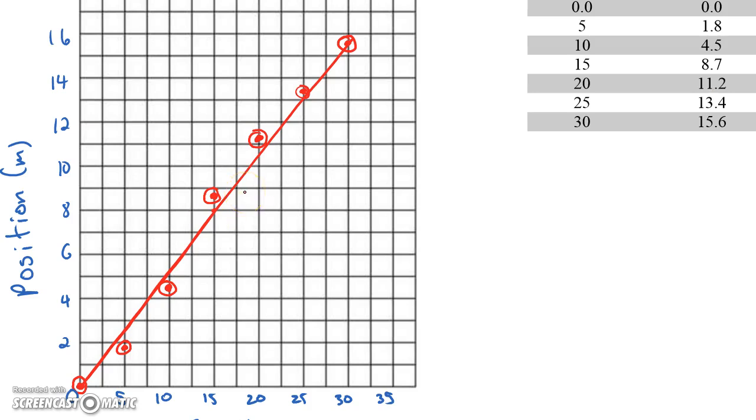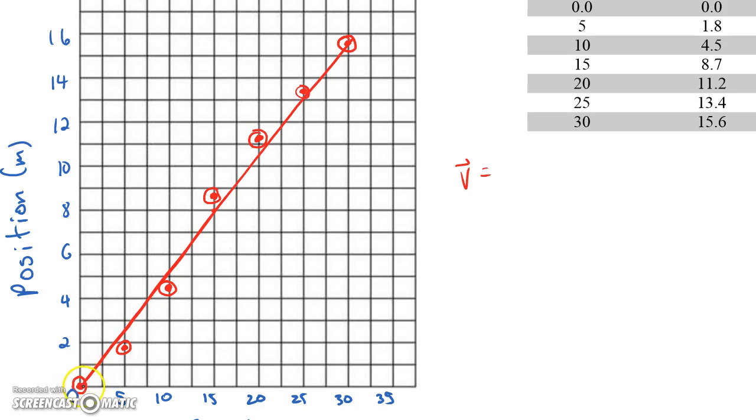Now, we are asked to calculate the slope of this line of best fit. So we know that that's the velocity. So if you want to write slope and do a calculation of slope, that's fine, but I'm going to do a calculation of velocity, and I'm using the points on my line. Now in this, none of my points really seem to line up, but I do see that there are a couple of points.